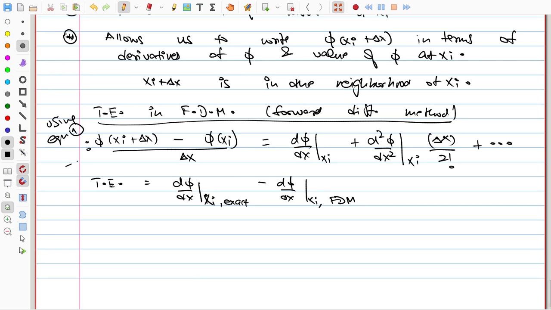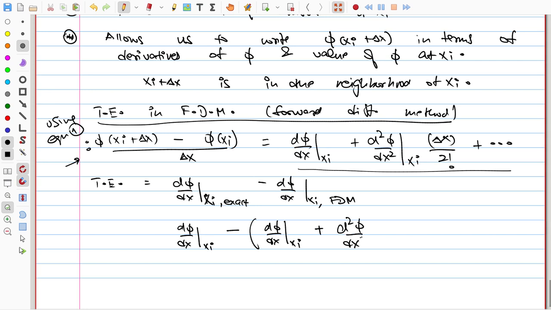So, this is the d phi by dx using the forward difference method. So, what I will do is just call this xi minus, and then you have all this. Let me write one more term.